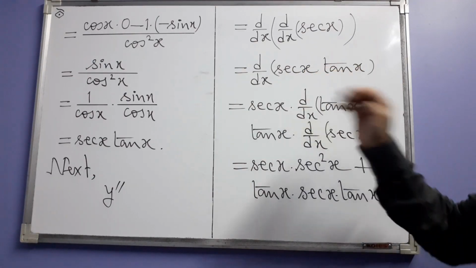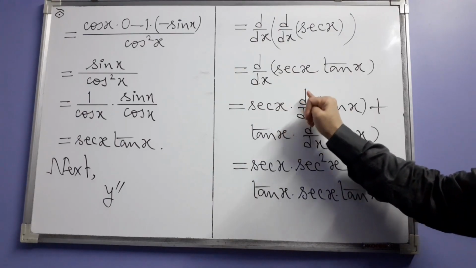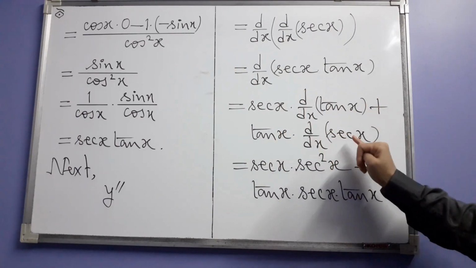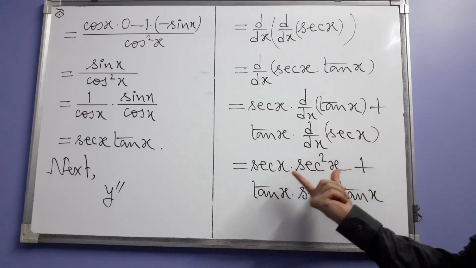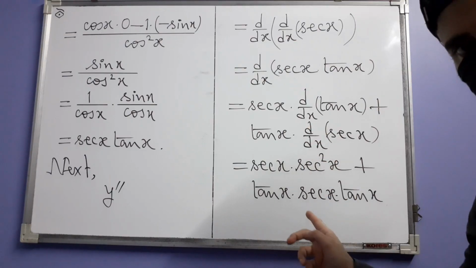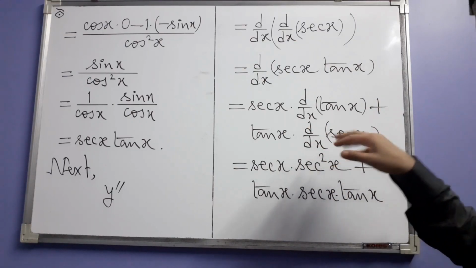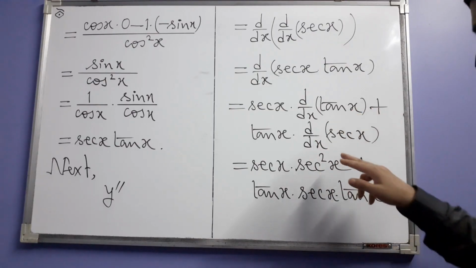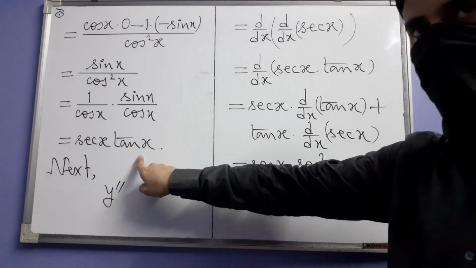So we then apply the product rule for differentiation. Secant x times the derivative of tan x plus tan x times the derivative of secant x. This derivative is secant squared x. So secant x times secant squared x. And the derivative of secant x is secant x times tan x.